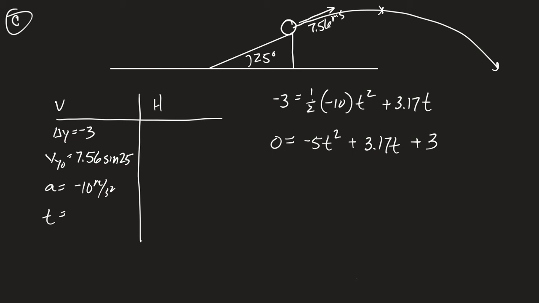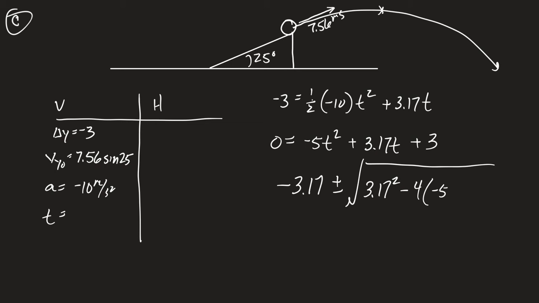And I watched as everybody tried to squeeze this into their calculator terribly. Just be big. It is -3.17 plus or minus the square root of 3.17 squared minus 4 times -5 times 3. Just write it out, then divide the whole thing by 2 times -5. There's no way around it.